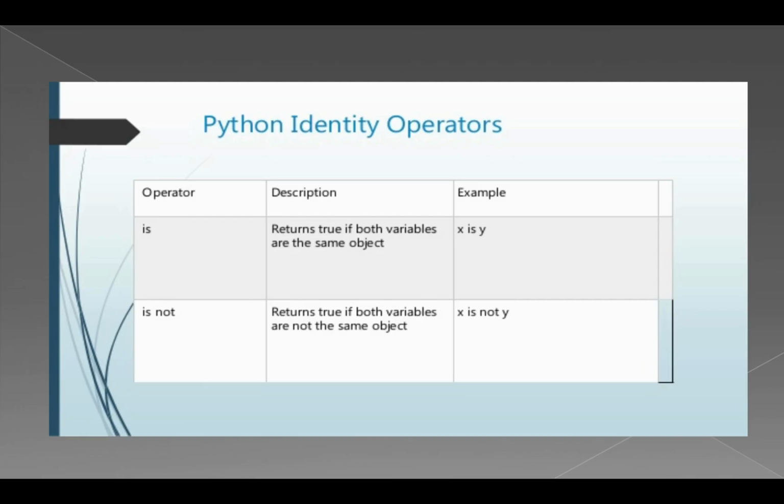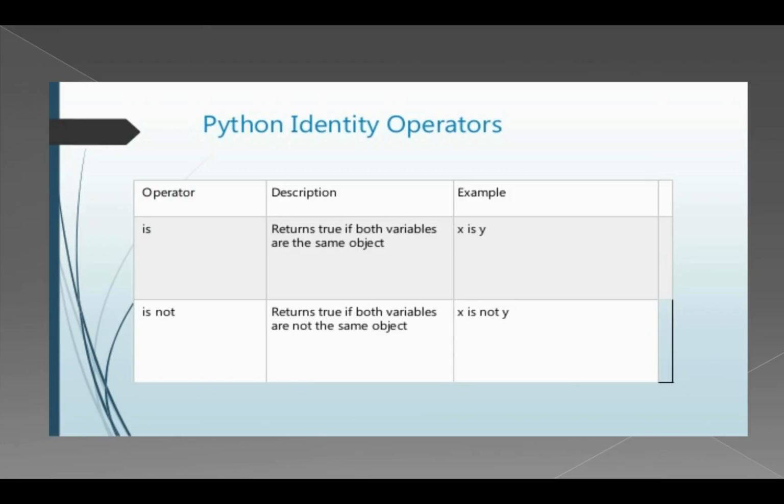So is and is not are the two identity operators. The is operator will return true if both operands refer to the same object in the memory, meaning they have the same memory address. And it will return false if they refer to different objects, even if the values are the same.